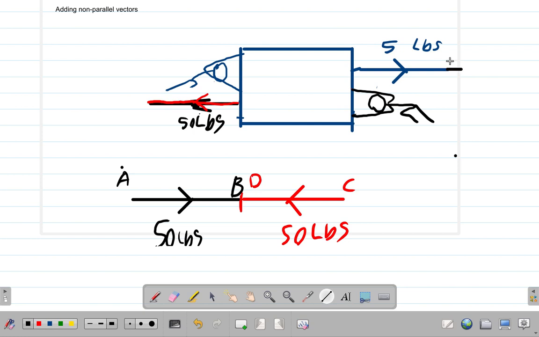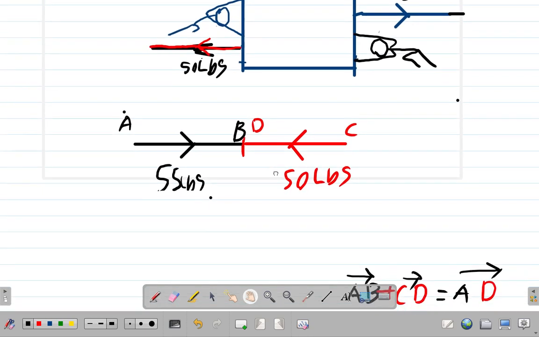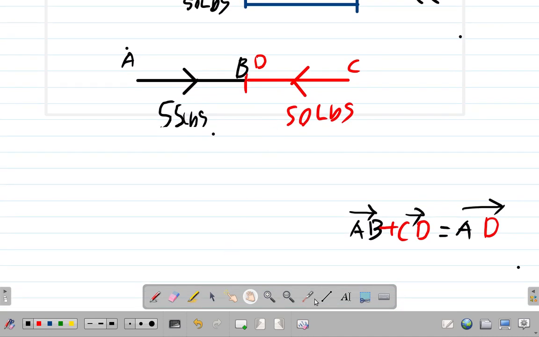So this vector gets a little longer. So we have 55 pounds of force. This is no longer 50 pounds. It is now 55. So look at what happens with the vectors.